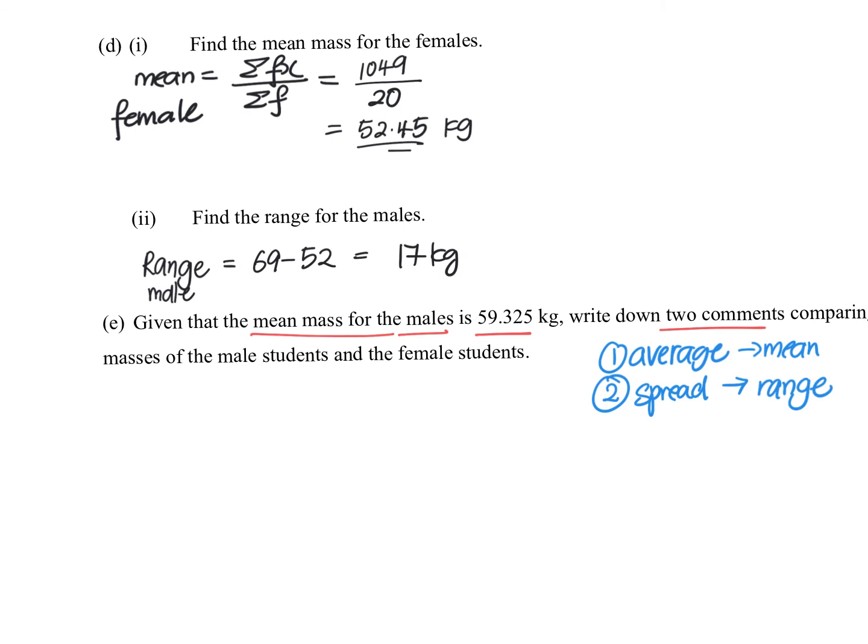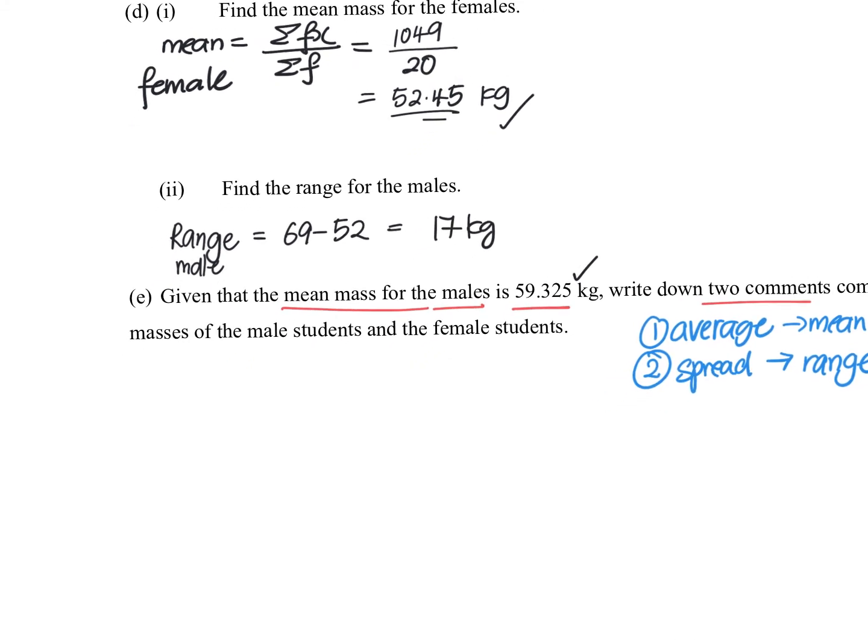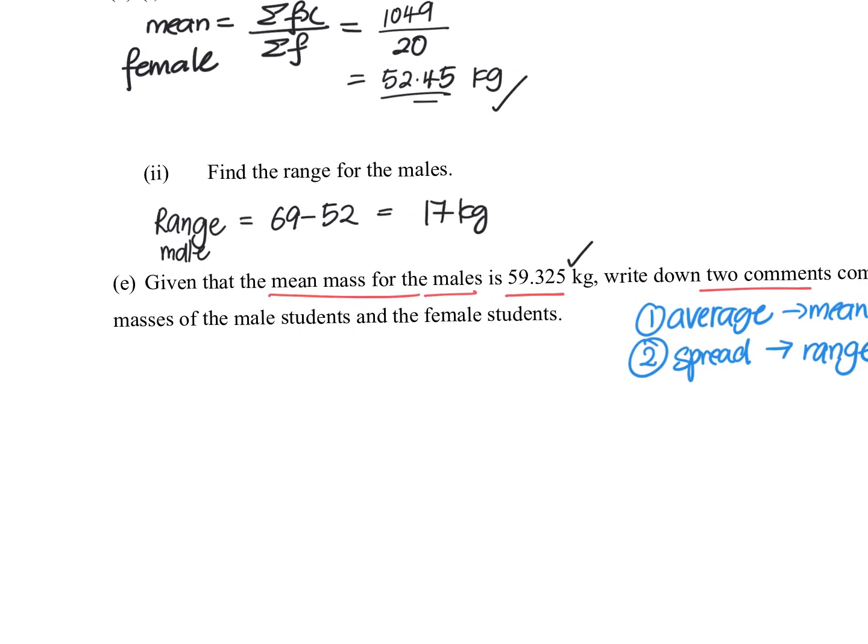So first, let's give evidence. Since the mean for the female is 52 kg and the mean for the male is 59 kg, what will you want to write? You can say that the females weigh lighter, or that the males weigh heavier. It means the same thing. If I write that the male weighs heavier, my evidence should prove my theory.